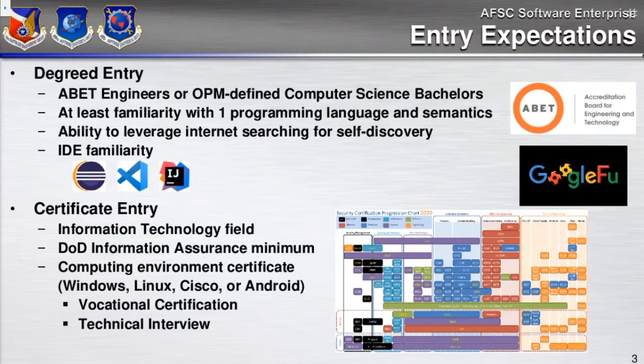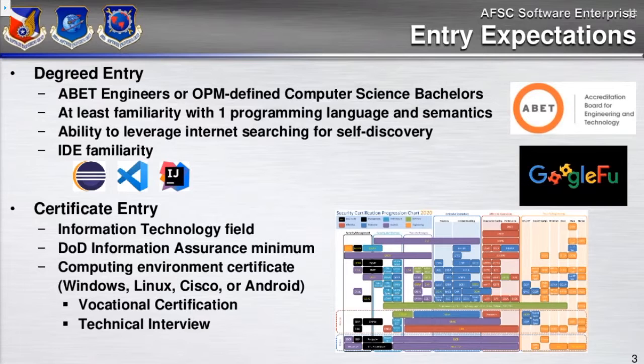So when we get a new employee inside of our organization, we expect them to either be a degreed entry or a certificate entry. When we hire somebody, they're usually either ABET engineers, which is the accreditation board for engineering and technology. If you get an electrical engineering degree or a mechanical engineering degree or any of those degrees, they usually have an ABET certification.